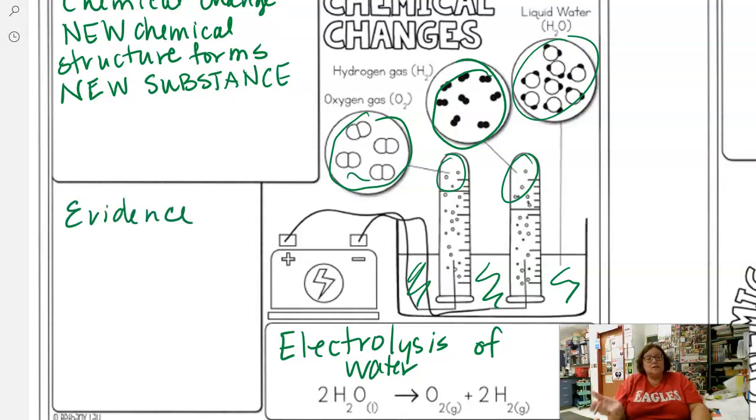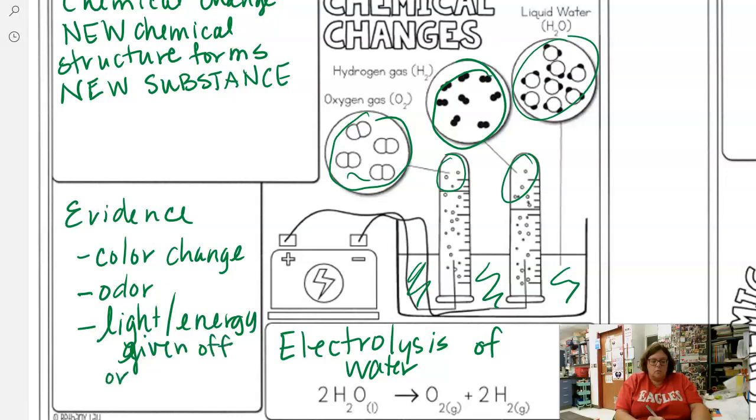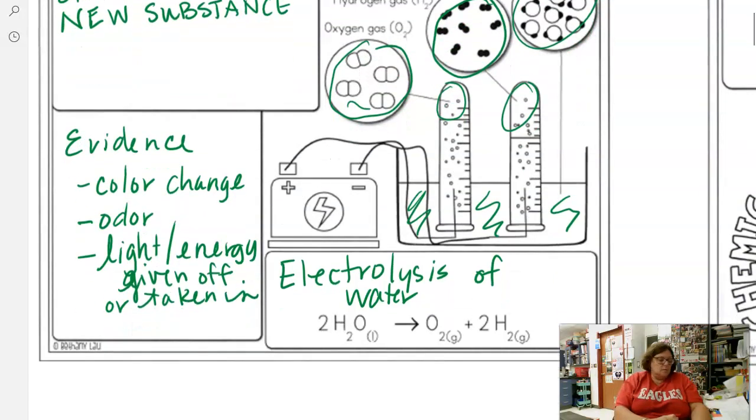Okay? Now, when you have chemical changes, you always have evidence. And sometimes you can get it confused with a physical change. But if you have a color change, there's a good chance a chemical change has occurred. If you have an odor produced, there's a good chance that a chemical change has occurred. Light or energy being given off or taken in is an example.